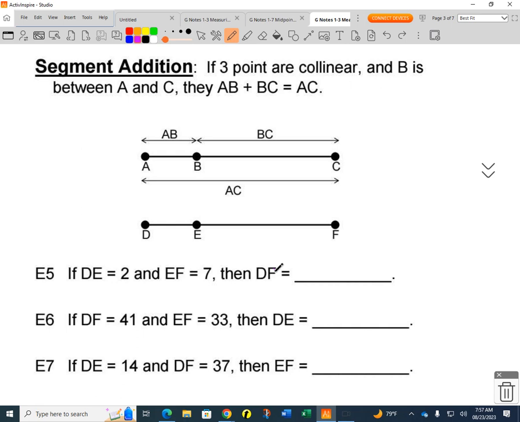If we've got a segment, and we're talking about segment AC, so from this point to this point, if we put a point anywhere on here, the length of these 2 segments, when you add them, is always going to be the length of the segment you started with, right? So this long segment AC is equivalent to whatever the length of AB is plus whatever the length of BC is.